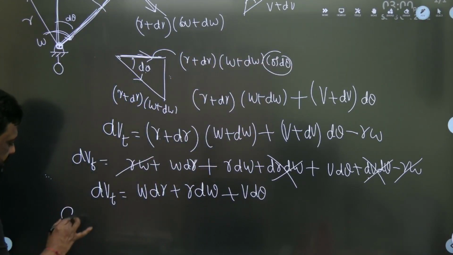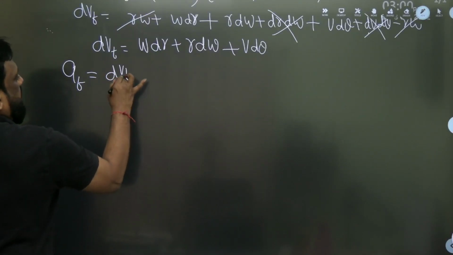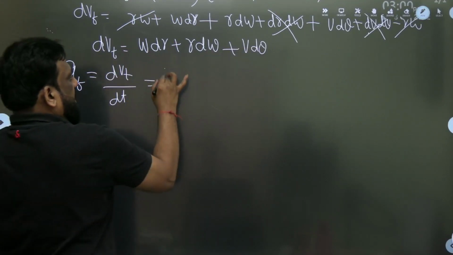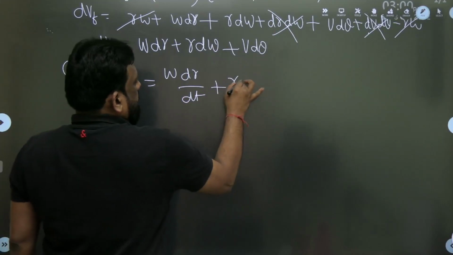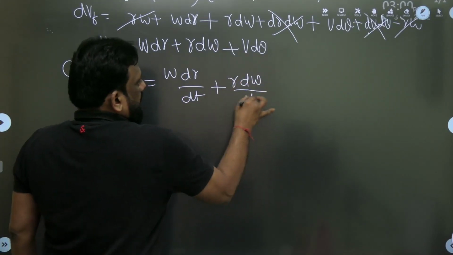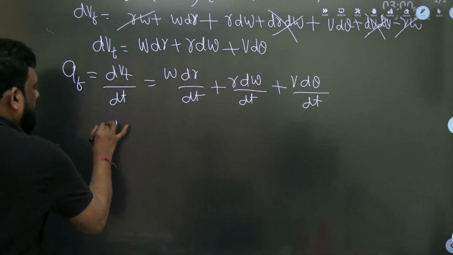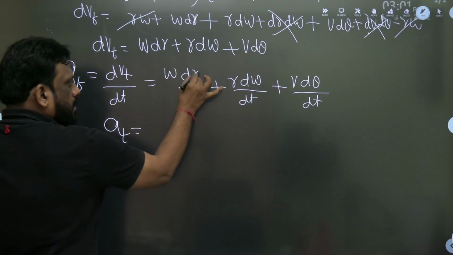If you want acceleration in the tangential direction, it is change in velocity by time. So I got the change in velocity in the tangential direction, divide with time.